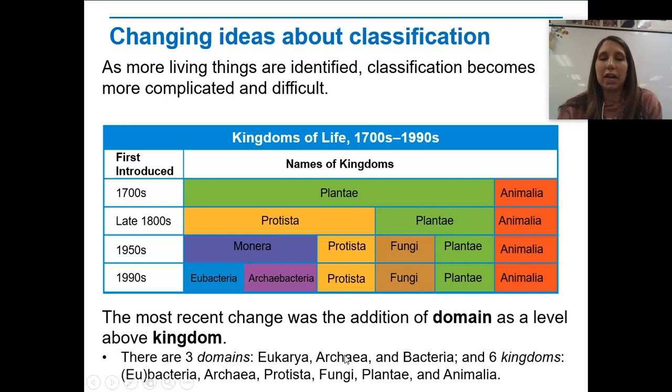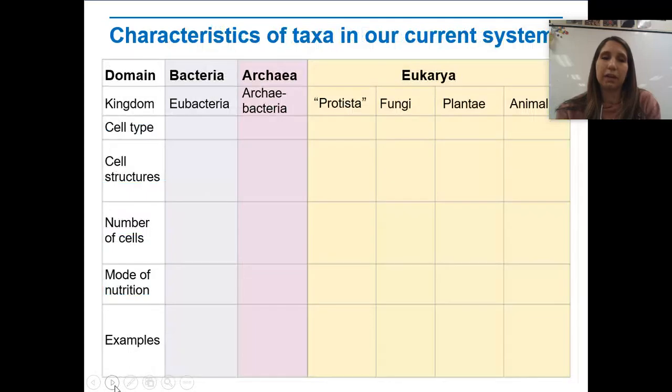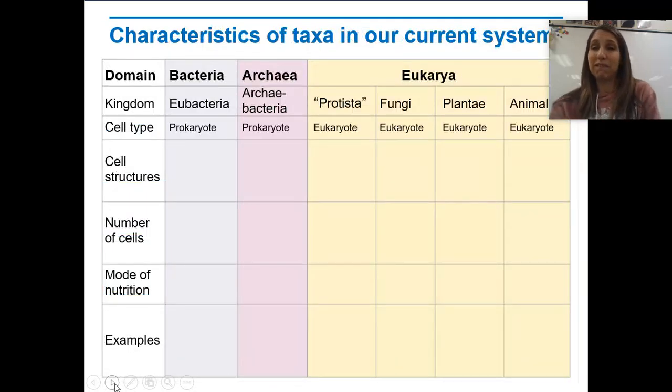And then within the Archaea domain, we have Kingdom Archaea. And then within the Eubacteria domain, we have Eubacteria. So those are easy because what's here in the domain level is also the same name as the kingdom. But the Eukarya one is slightly different. Okay, you should definitely know the names of the domains and the names of the kingdoms that fit in those.